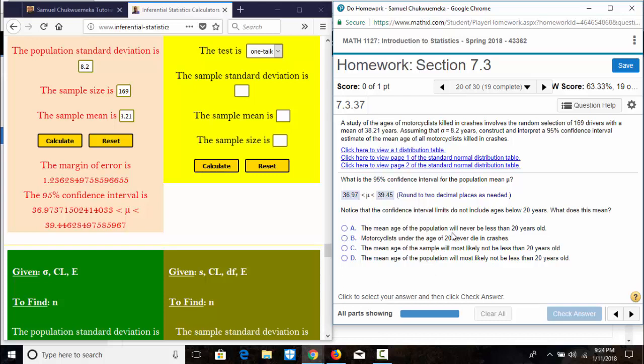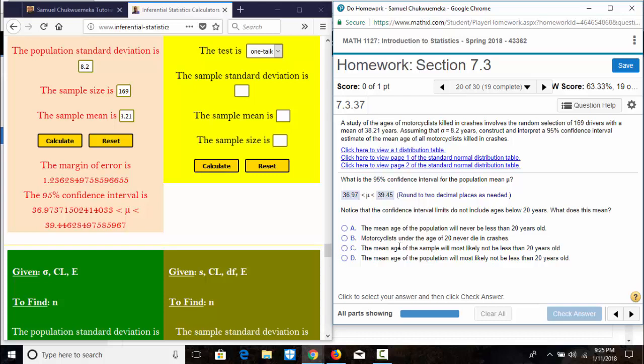Okay, for A, because it says will never be less than 20 years, let's keep it for now. B, let's eliminate B. C, the mean age of the sample will most likely not be less than 20 years old. When we interpret confidence intervals, it is about a population, not a sample.